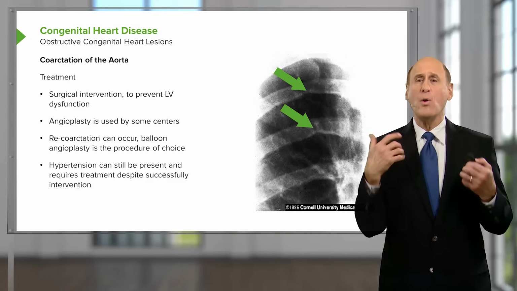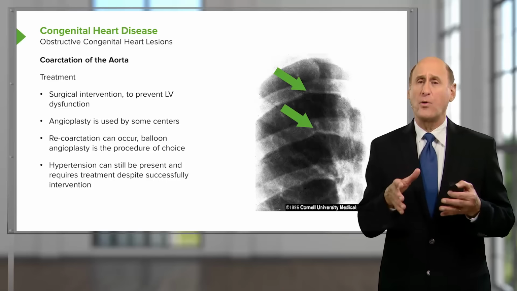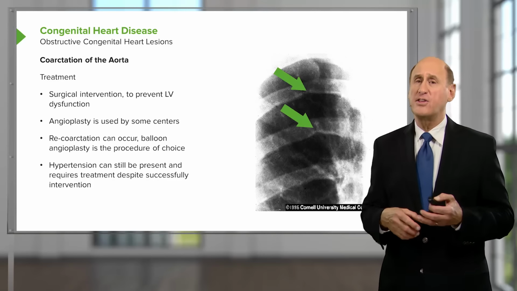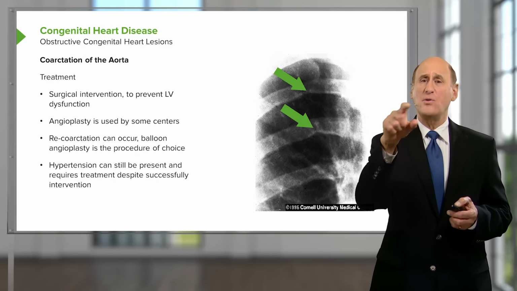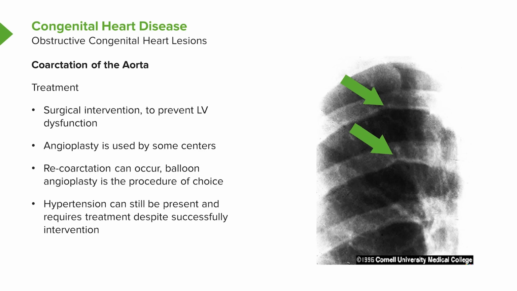Because when there's coarctation of the aorta, there's a large number of collateral or reserve blood vessels that open up. Some of these are underneath each rib. And what they do is cause this little notching, this little cavity on the underside of the rib. That's a characteristic of the collateral blood vessels.